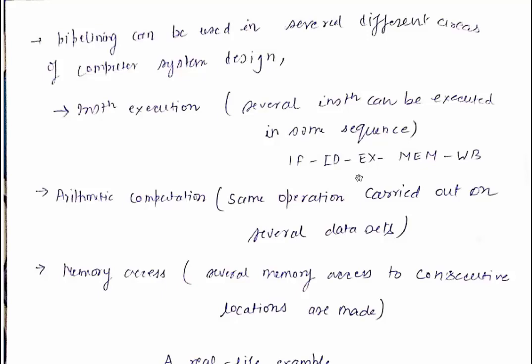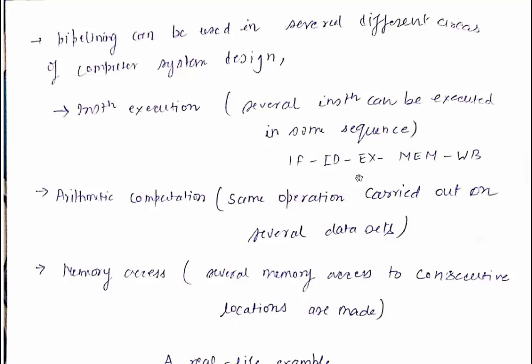And the last one is memory access. If we want to execute a program, we need to access the memory. Let's say we have fetched one instruction, and that instruction requires memory access, so we access the memory, then we decode that instruction, and finally we execute and store the result into a register.